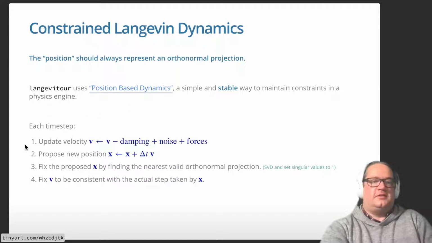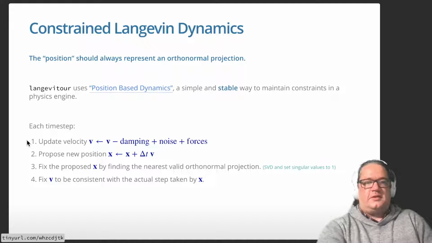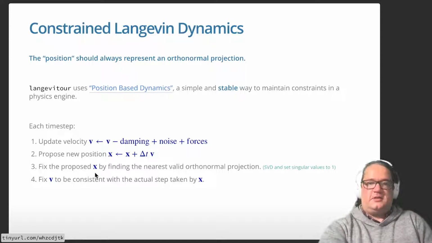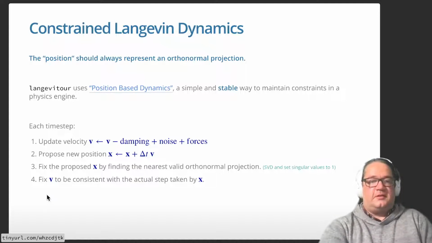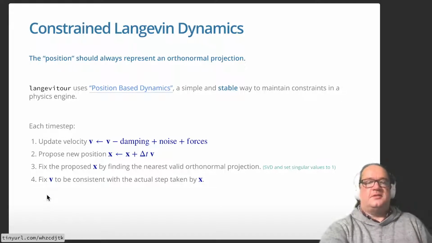What that involves is first we do a velocity update, then we do a position update. So far that's a leapfrog sort of numerical simulation. And then we fix our updated position, so find the nearest valid orthonormal projection, and then we fix the velocity to be consistent with the actual step in position that we've taken.